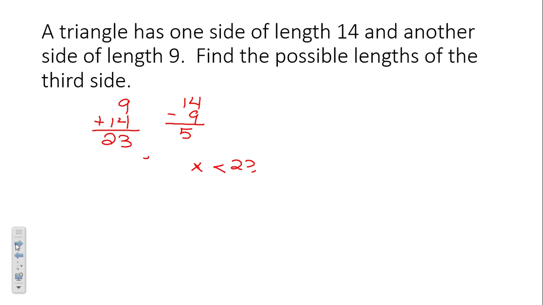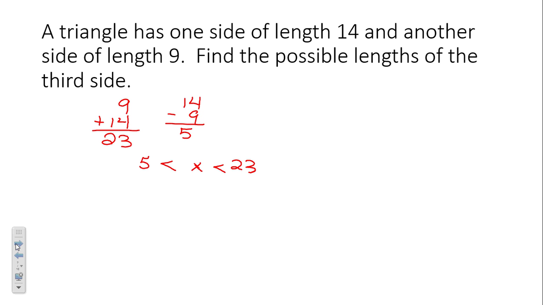So for 5, we're not big enough. So x has to be bigger than 5 and less than 23. And then we get a triangle. Any number in between those is good. 5 doesn't work, 23 doesn't work, but 5.1, 6.29, or 22.9. All of those numbers are going to work to make a triangle.